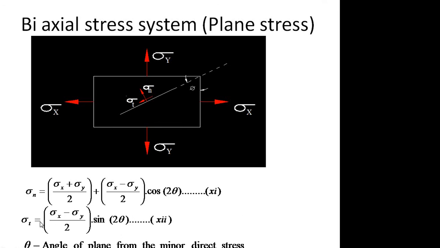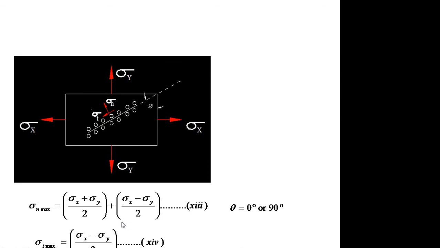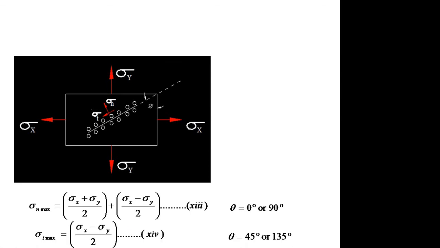And sigma t, this is the equation for sigma t. For this to be maximum, sin 2 theta has to be maximum, that is sin 2 theta has to be 1. Sin will be maximum at 90 degrees, so sin 2 into 45 degrees, so it will be maximum at either 45 degrees or 135 degrees.